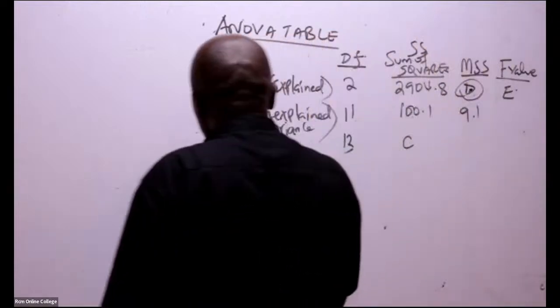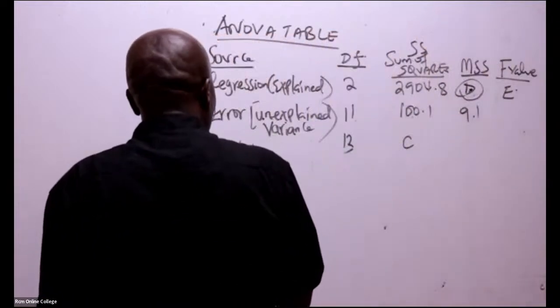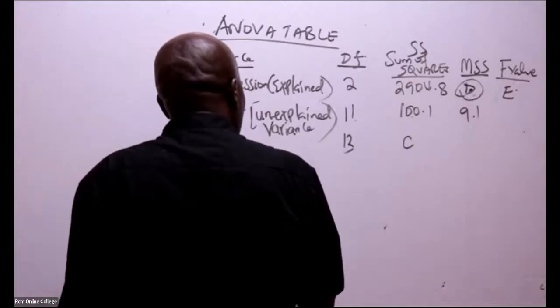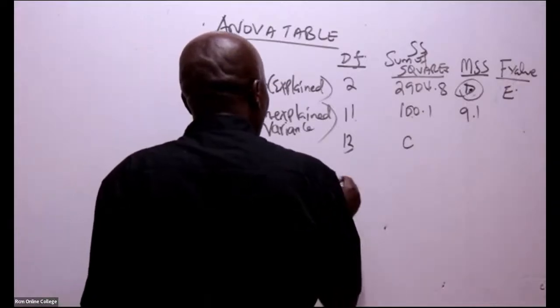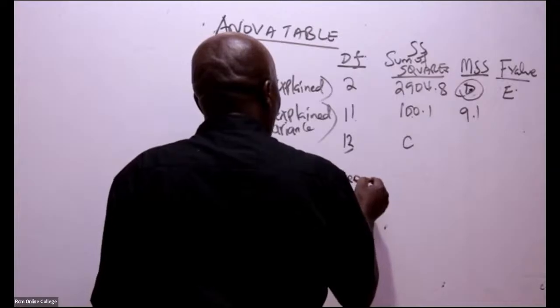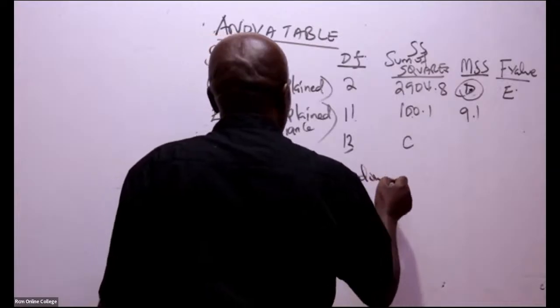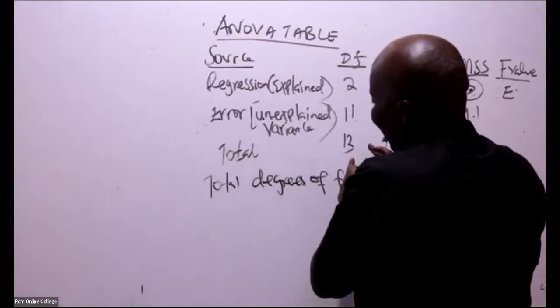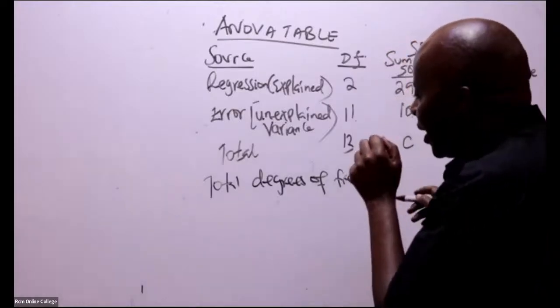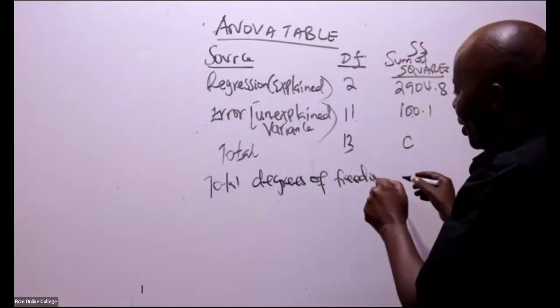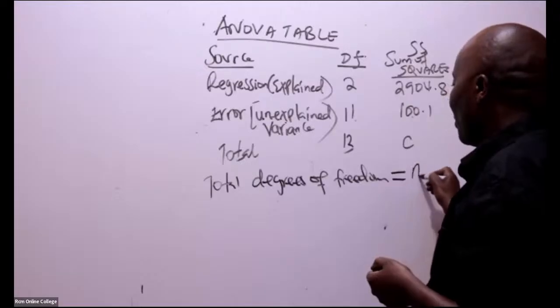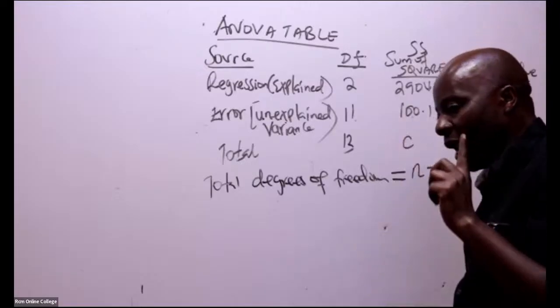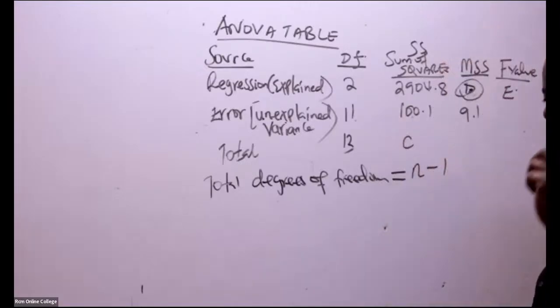We have total degrees of freedom, here 13. How do we get total degrees of freedom? You'll always take n minus 1. Total degrees of freedom is n minus 1.